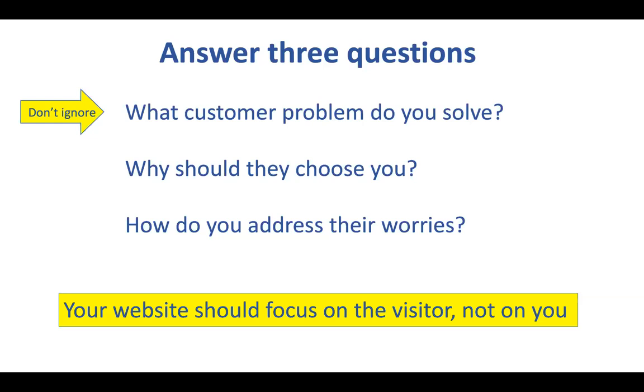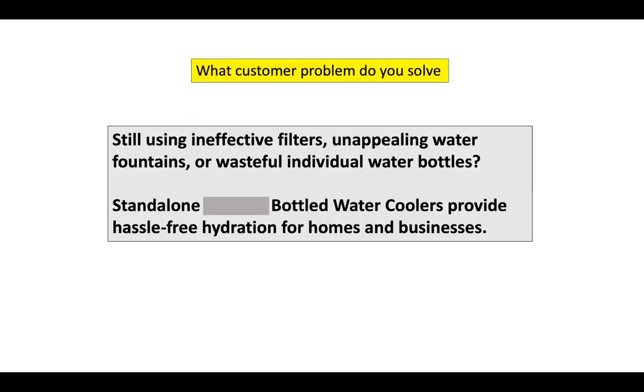So let's assume that our visitor, this is an example about a bottled water delivery service here. And let's assume our visitor looks at this and says, oh my goodness, yes, that's exactly how I feel. I hate having those empty water bottles scattered all over the house and overflowing from our recycle bin. I really want to buy something and get rid of this problem and get it out of my life.